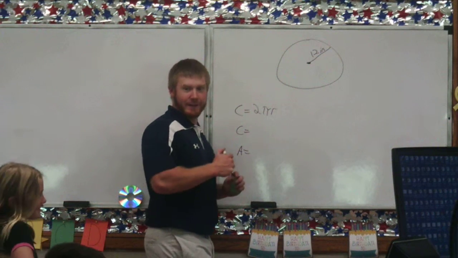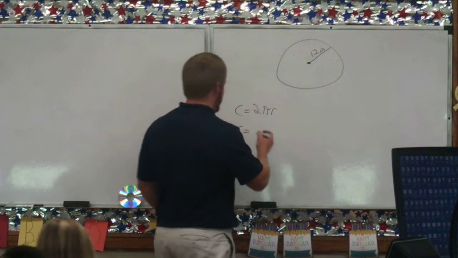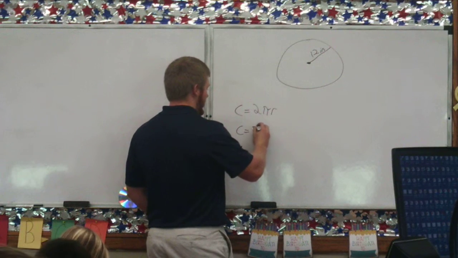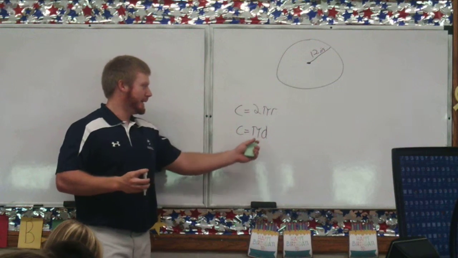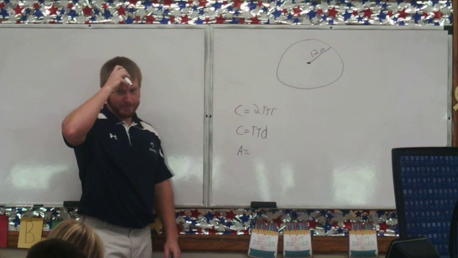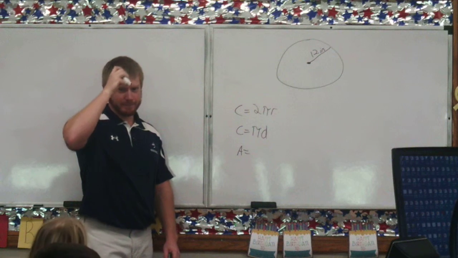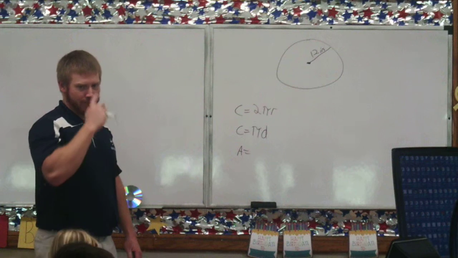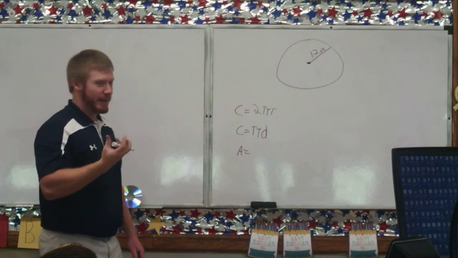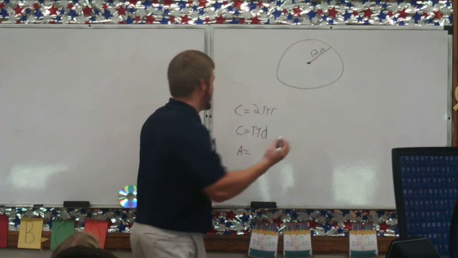Pi d. So why can we have pi d and 2 pi r? Why are they equal to the same thing? Because the radius is multiplied by 2 makes the same thing. So the radius is half the diameter? Yes.